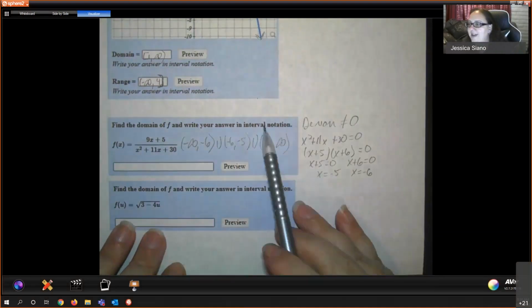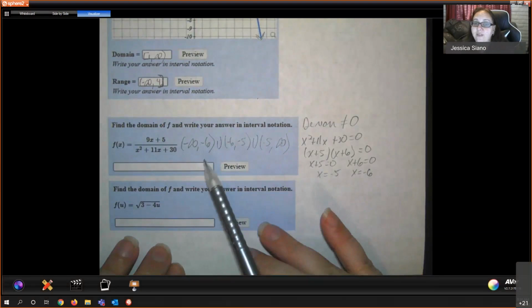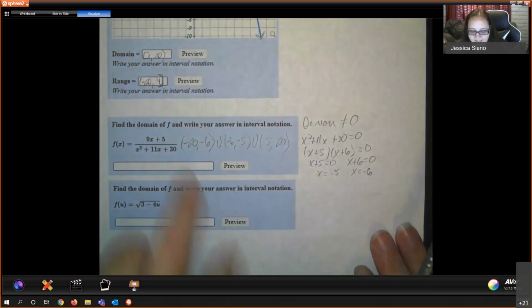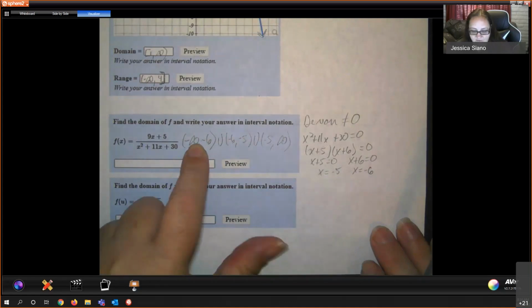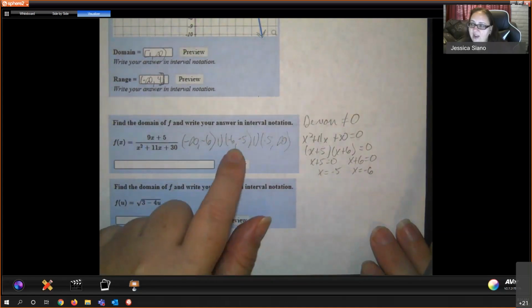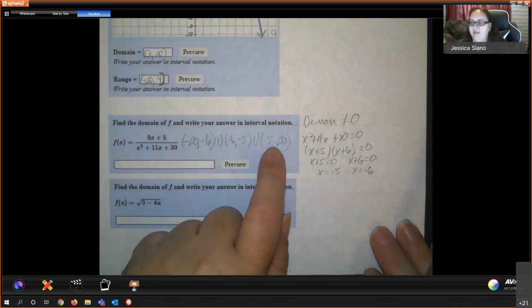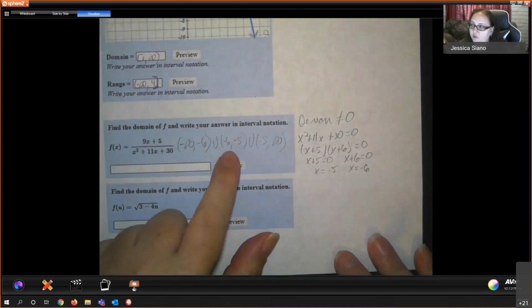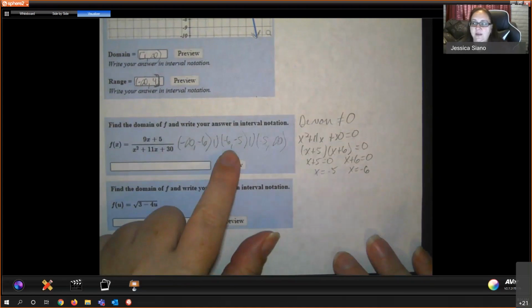Noticing that -6 and -5 both have parentheses, which means they are not included, but everything to the left of -6 is included, everything in between -6 and -5 is included, and everything to the right of -5 is included. So this is how we say all real numbers except in interval notation.